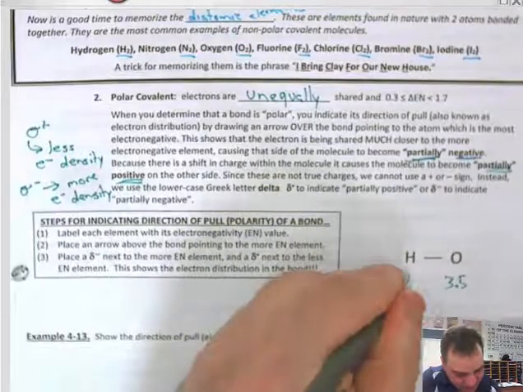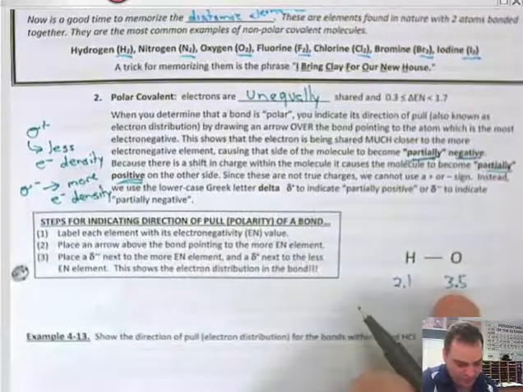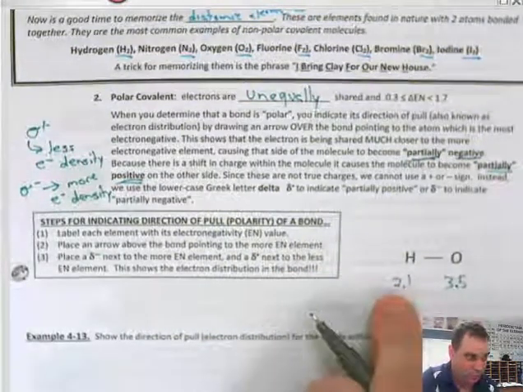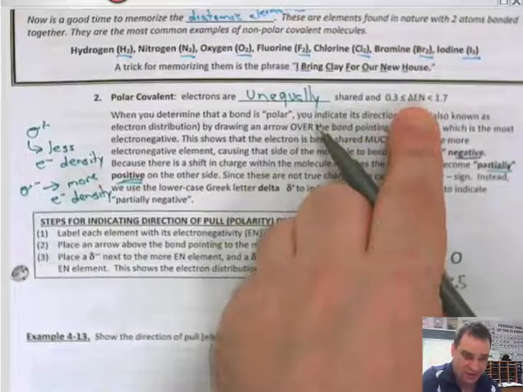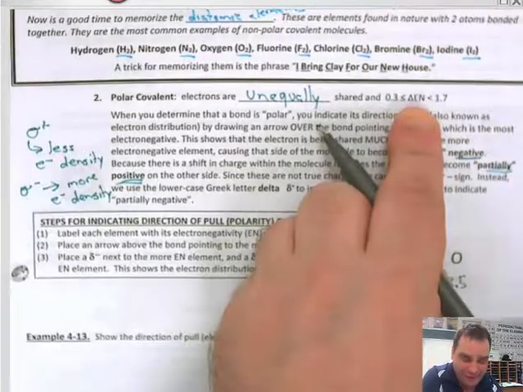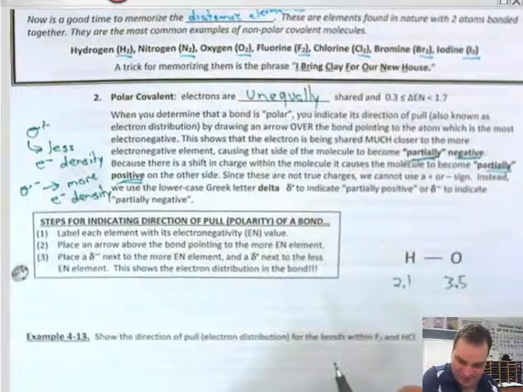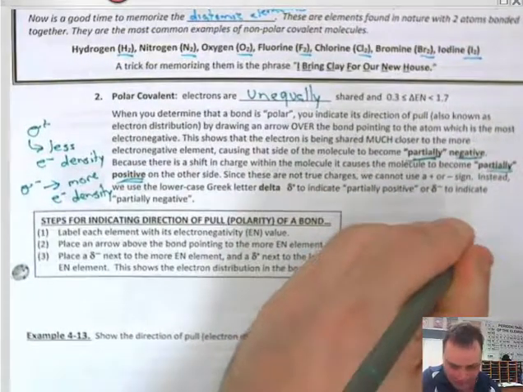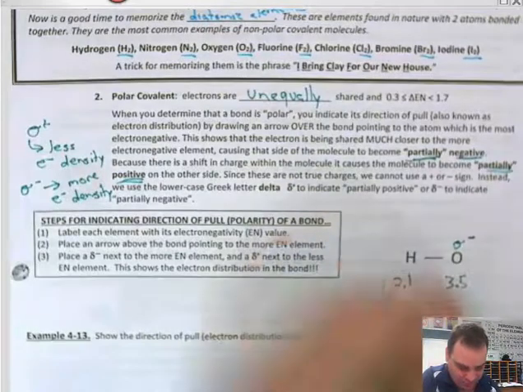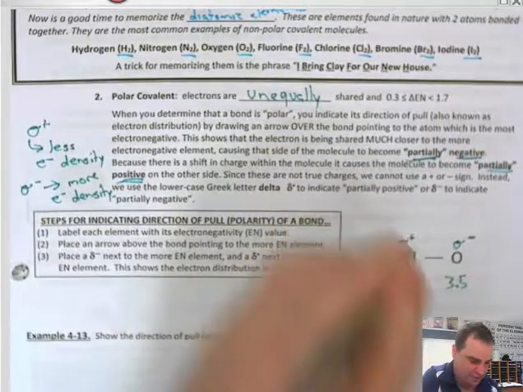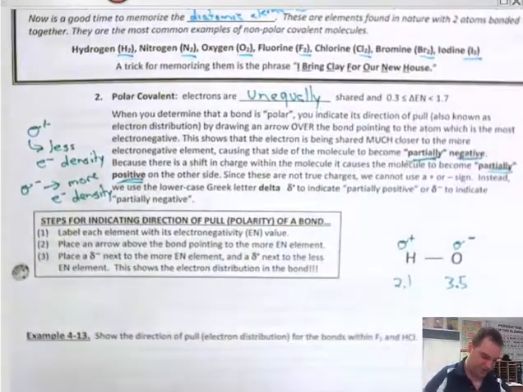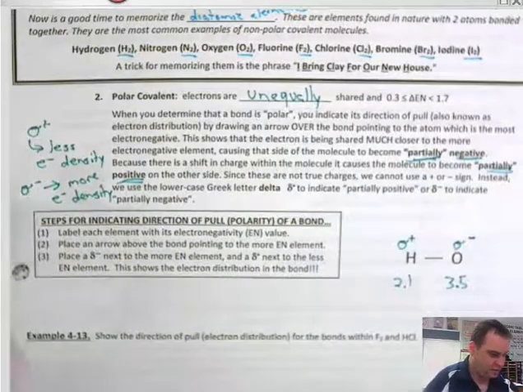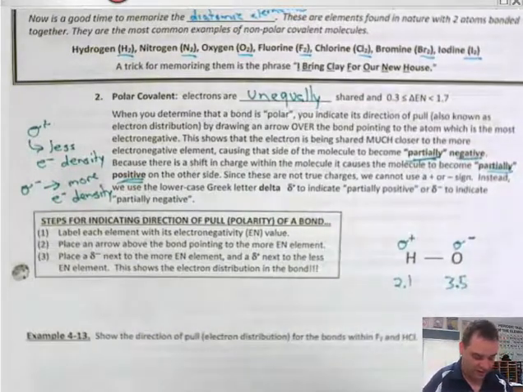Hydrogen has an electronegativity of 2.1. 3.5 minus 2.1 is 1.4, which means this is polar. So I would label oxygen as partial negative and hydrogen as partial positive.